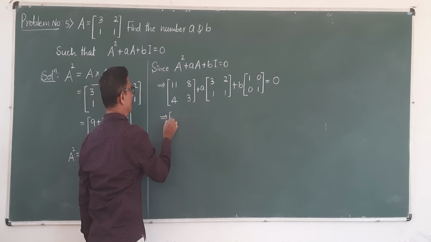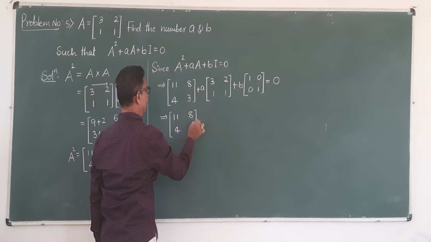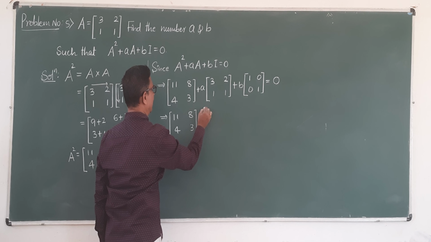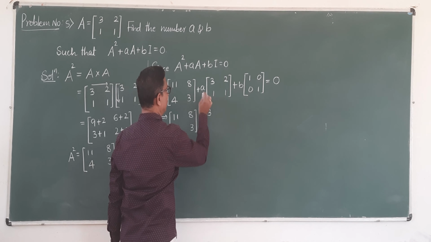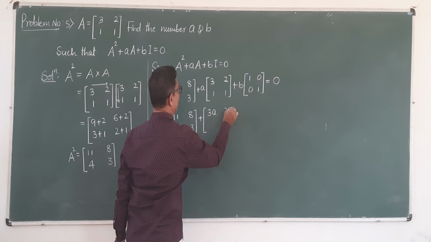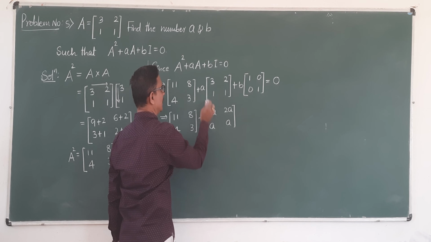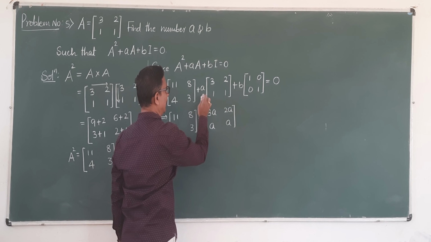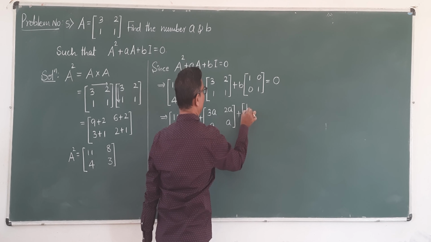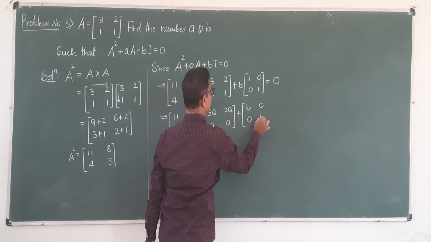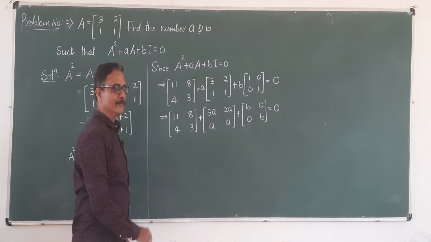Simplify. For the matrix 11 8 4 3, by scalar multiplication, multiply each element of A by 3, 2, 1, 1: 3A, 2A, A, A. Again by scalar multiplication, B 0 0 B is equal to 0, right?